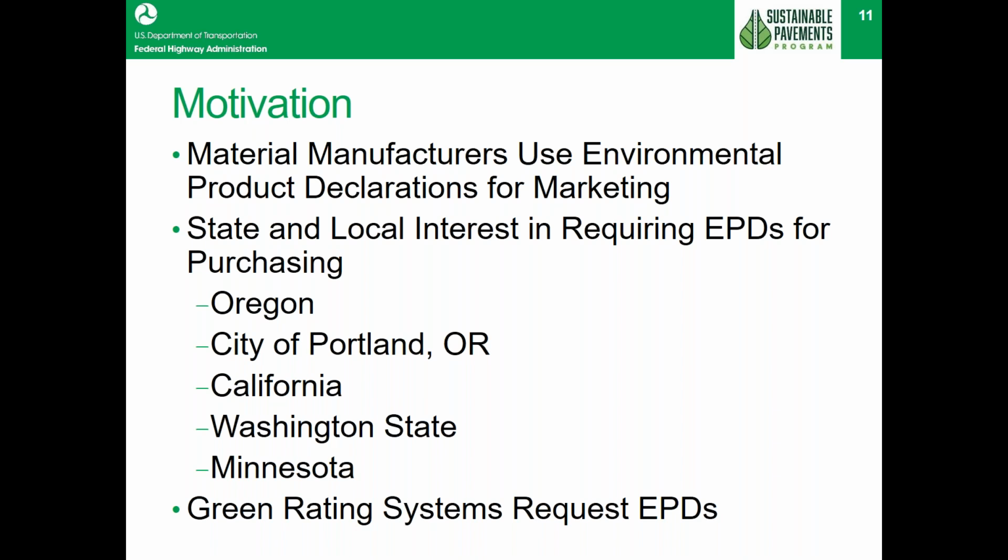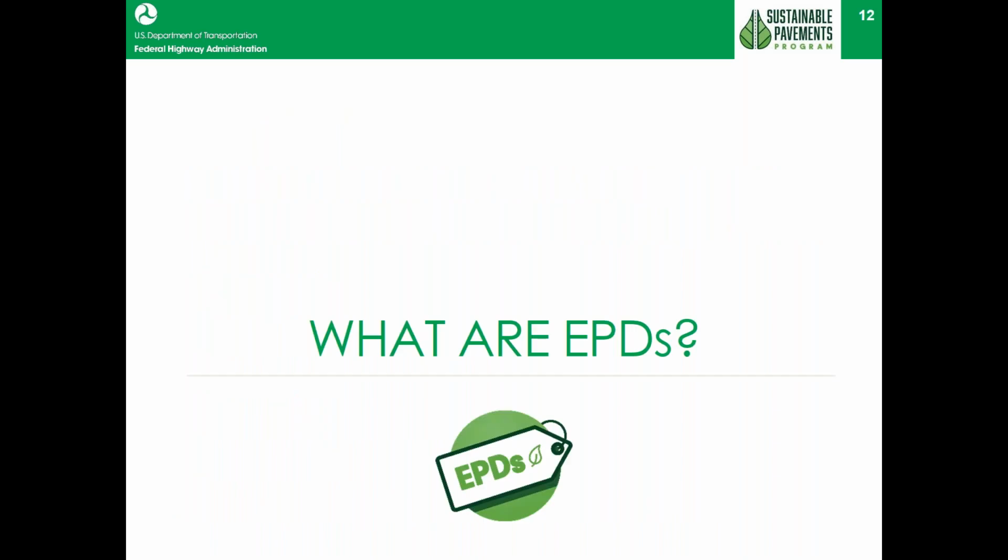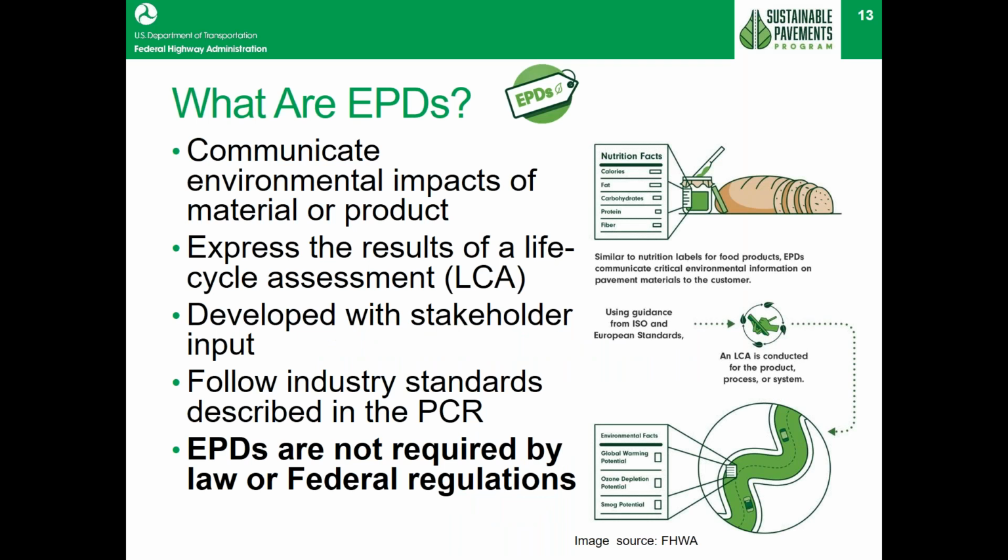So I'm looking forward to talking more about what exactly is part of environmental product declarations and ways that information can be used. So the question emerges, what are EPDs? In a fairly simple sense, it's a report that talks about environmental impacts, like resource use, energy or emissions, associated with the manufacture or production of construction materials.